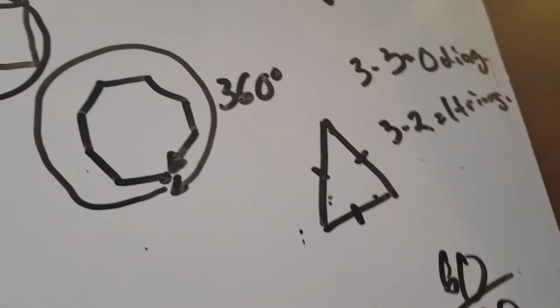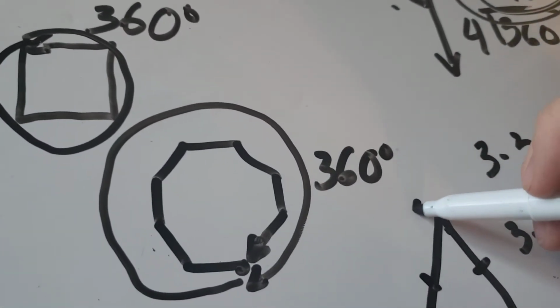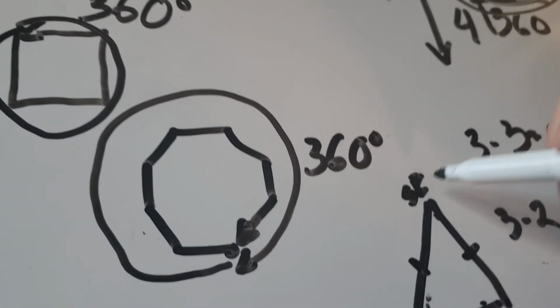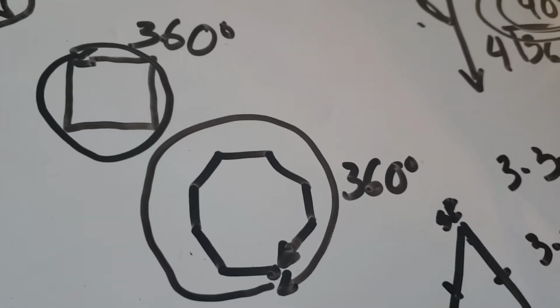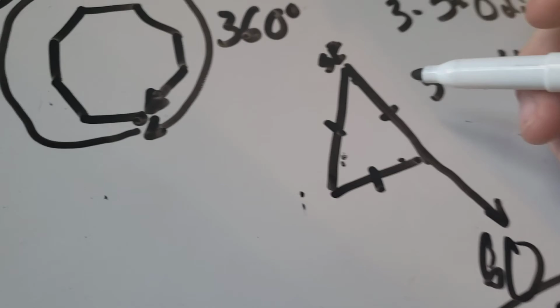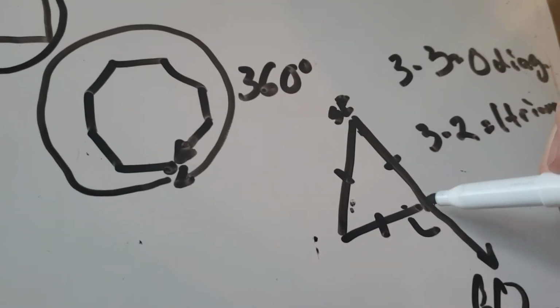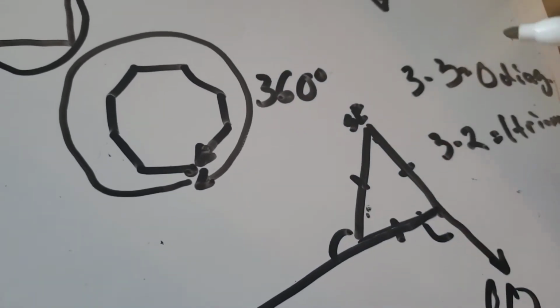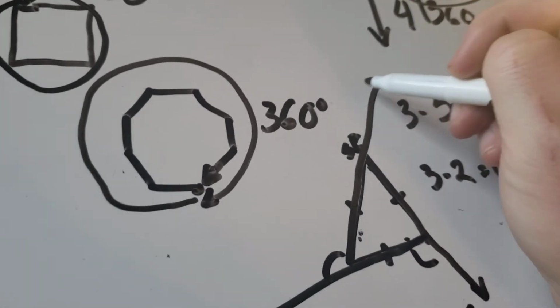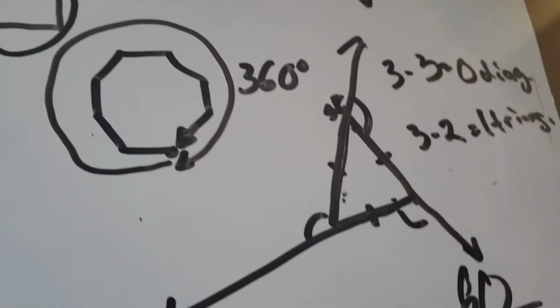Let's explore 2 different ways to solve this problem. Okay, here's my start, here's my end. Okay, so I'm going this direction, and I've got to make a turn to stay on track. Now I'm going this direction. Make a turn to stay on track. This direction, make a turn to stay on track.